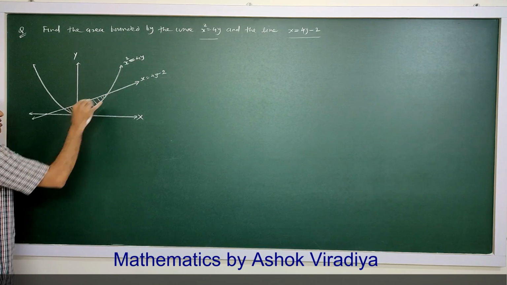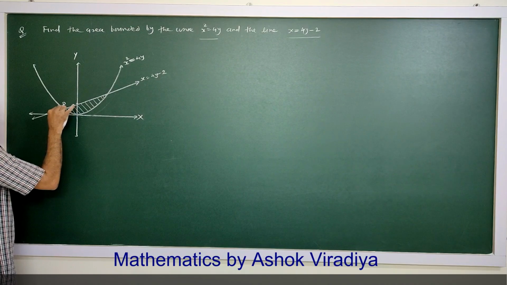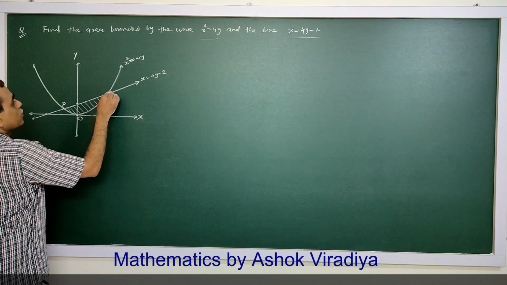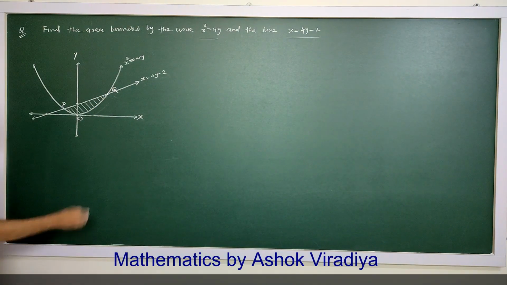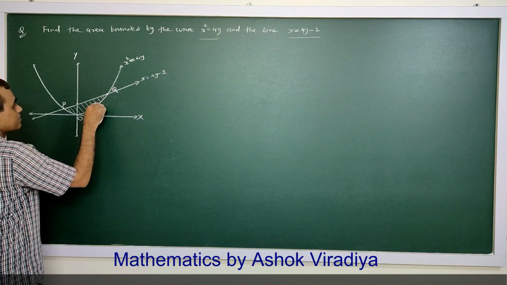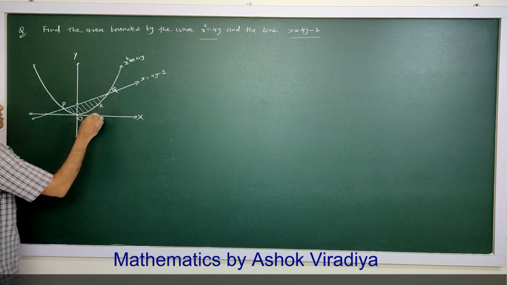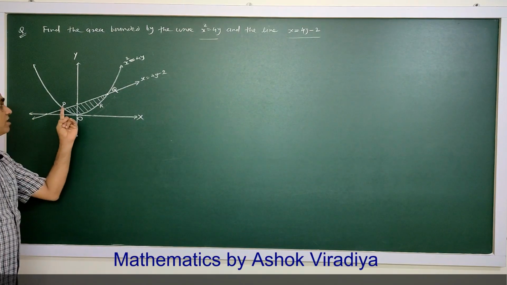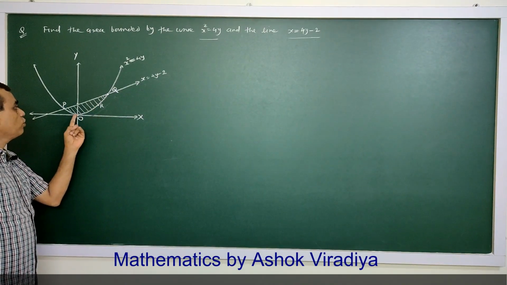Suppose we denote this region here with point P. This is O. Here we keep point Q. Here I am putting one more point, suppose R. So we want the area of region PQROP.